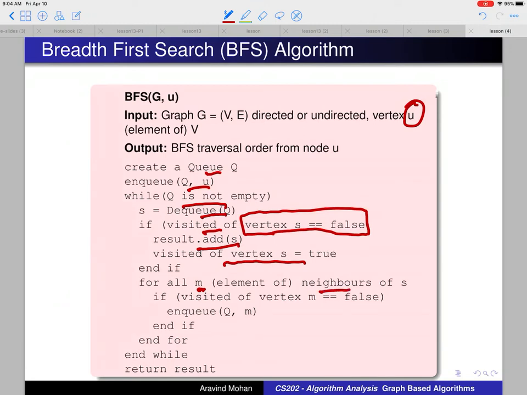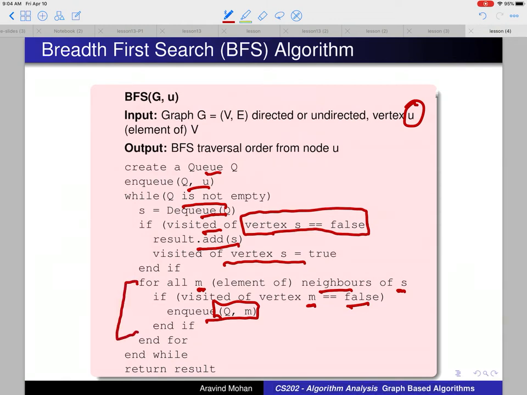And then we are going to look at all m elements of the neighbors of s. If visited of vertex m is double equal to false, then we are enqueuing it, right? So we enqueue that neighbor to that queue, as we did in our example.